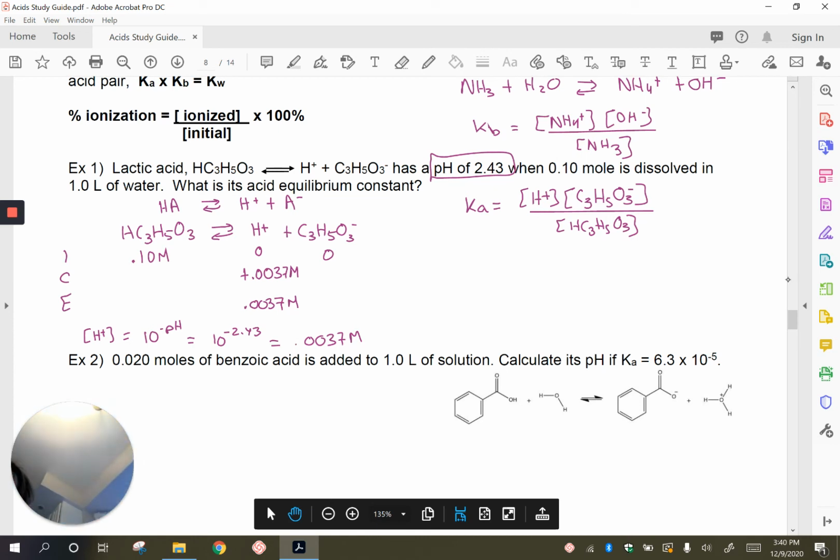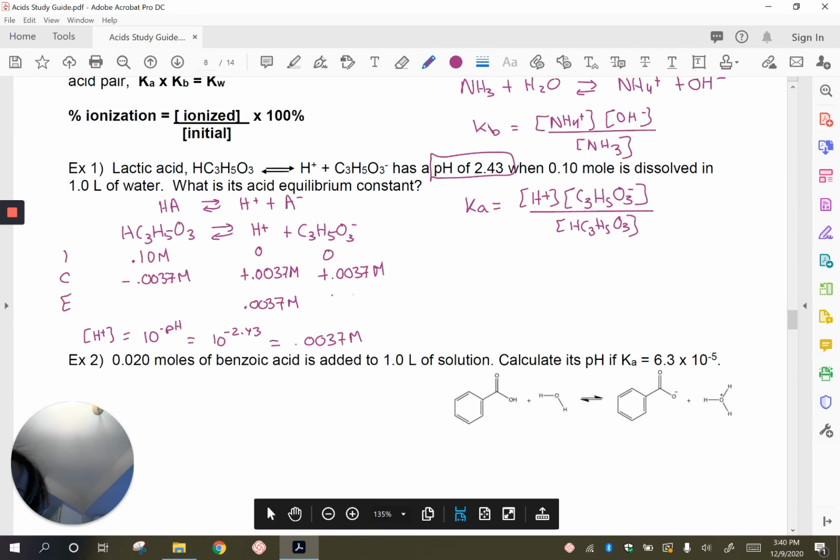So I know that I formed 0.0037 molar. And also for my lactic acid, I know the change is negative 0.0037 molar. I used that much up.